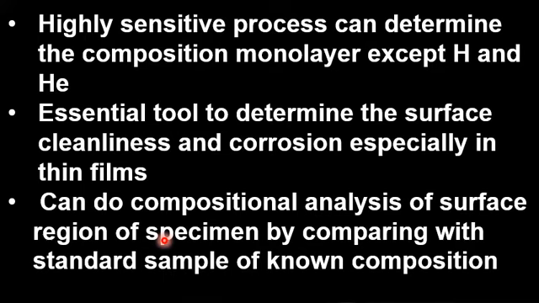Usually the spectrum which you achieve in Auger electron spectroscopy may be compared with a standard sample which has a certain composition. On that basis you can determine what kind of material is present on the surface of the sample.